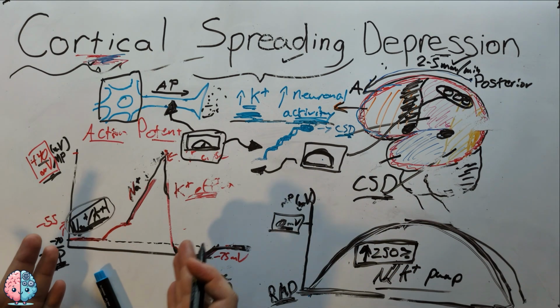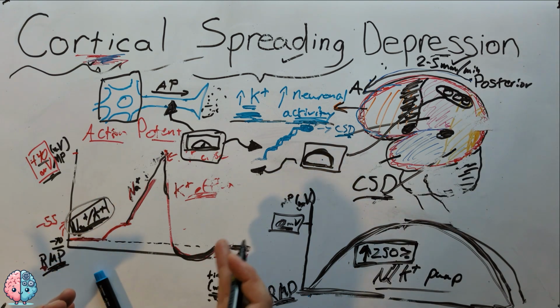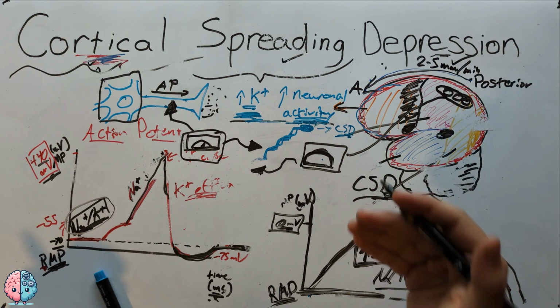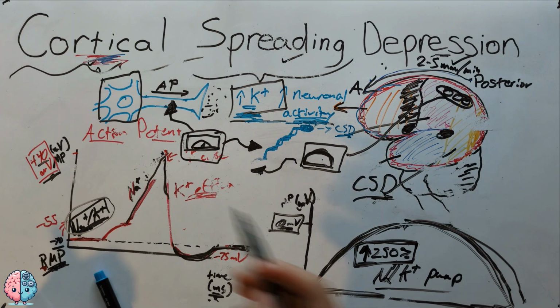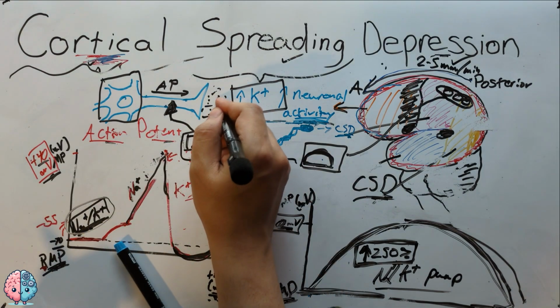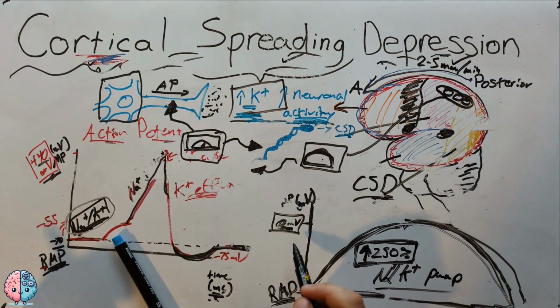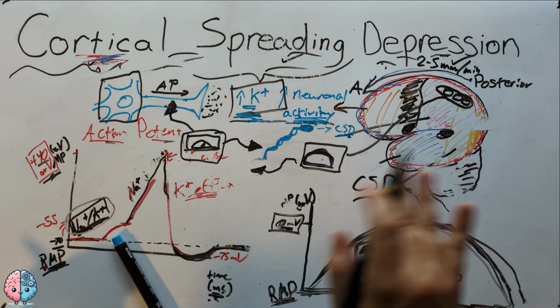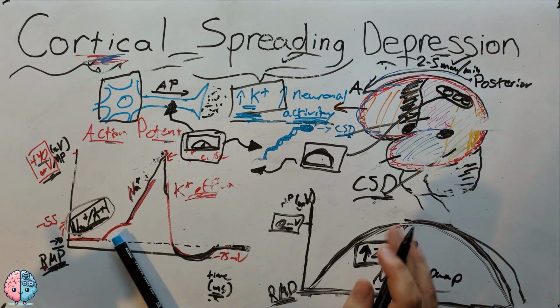Very different than normal neuronal firing, where we have controlled, localized changes in sodium and potassium concentrations. In cortical spreading depression, we have dramatic shifts in ion concentrations across a large area, where extracellular potassium can reach 20 times the normal limit. Also, within an action potential, you have a controlled release of neurotransmitters. When cortical spreading depression occurs, it's a massive, widespread release of neurotransmitters like the excitatory neurotransmitter glutamate.